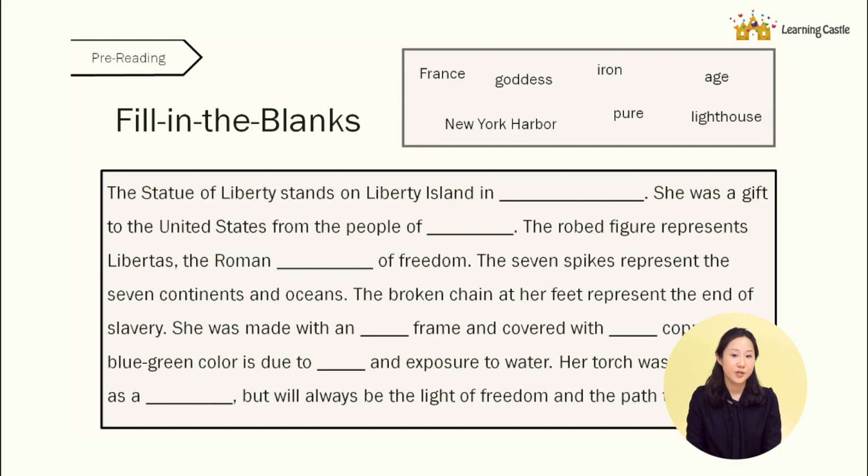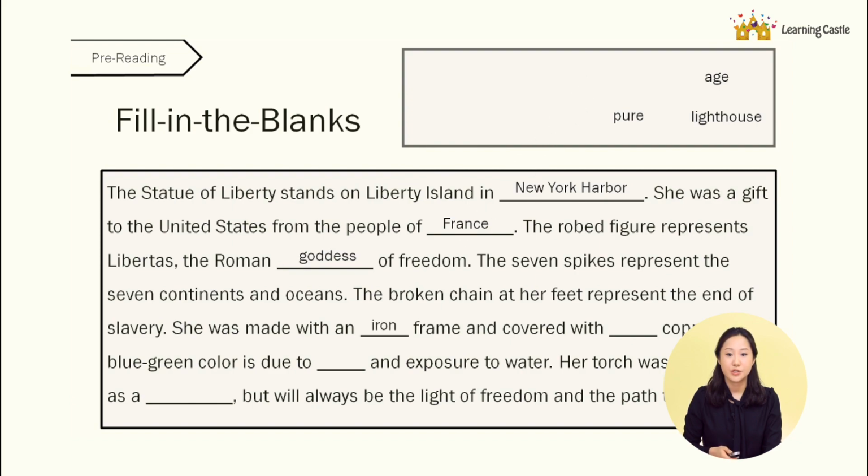So let's read the first 2 sentences all together. The Statue of Liberty stands on Liberty Island in, that's right, New York Harbor. She was a gift to the United States from the people of, well, we only have one possible answer in the word bank, and that is France.